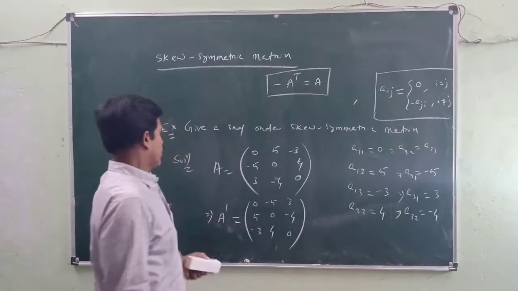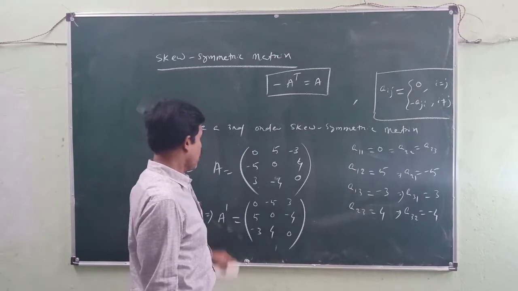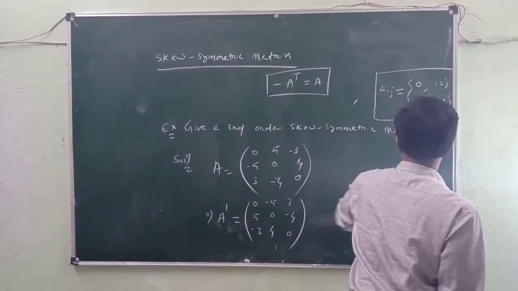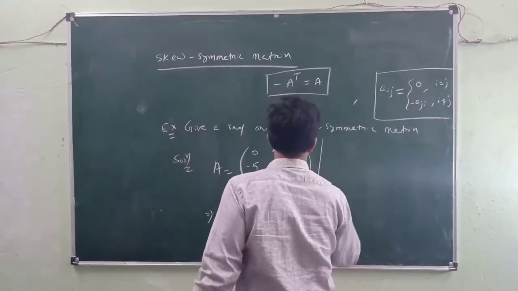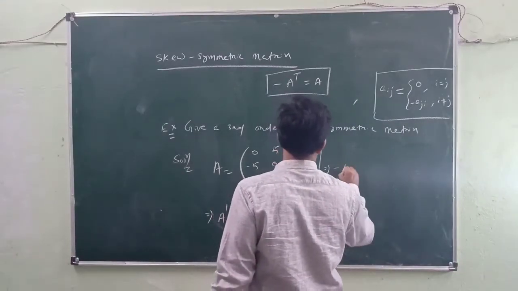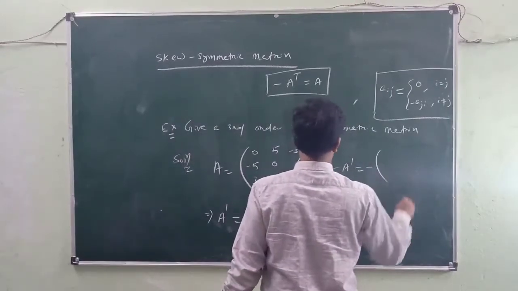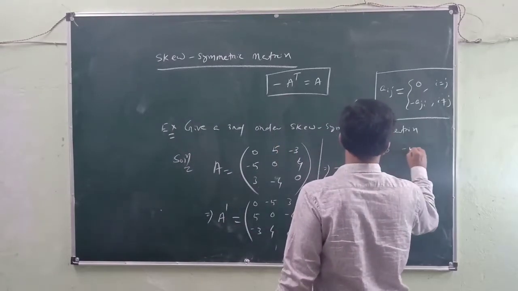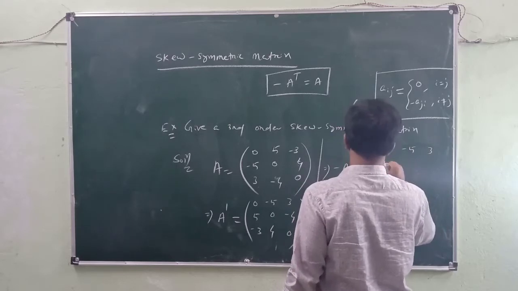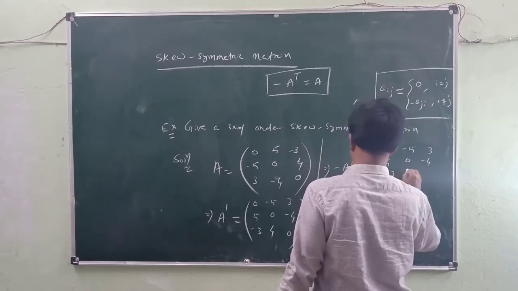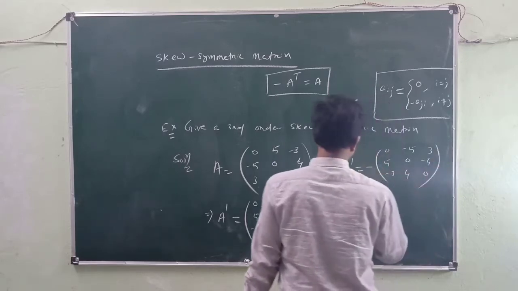Now multiplying negative one on both sides, that implies minus of A transpose is minus of the matrix 0, minus 5, 3, 5, 0, minus 4, minus 3, 4, 0.